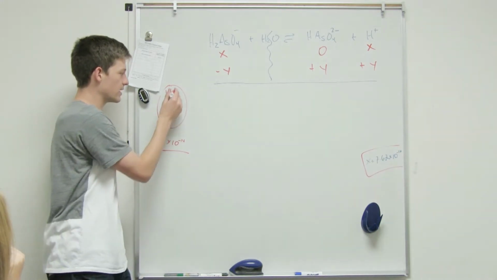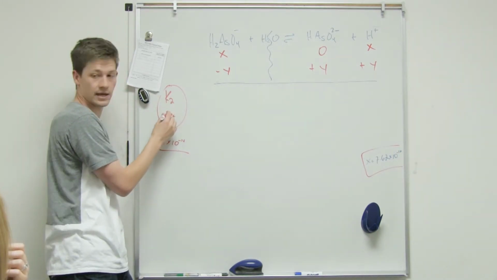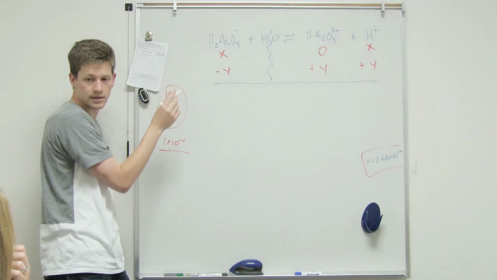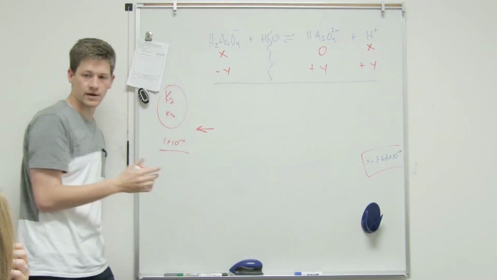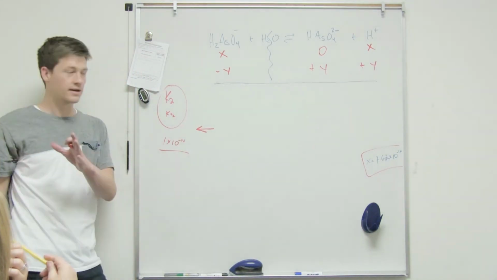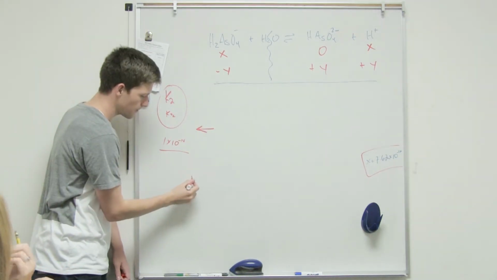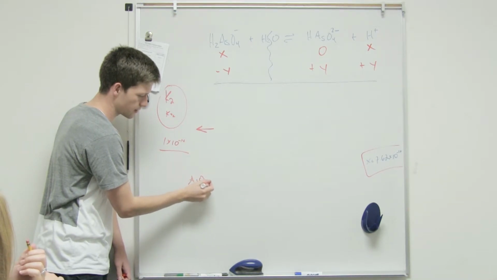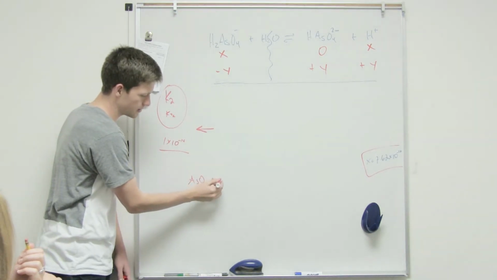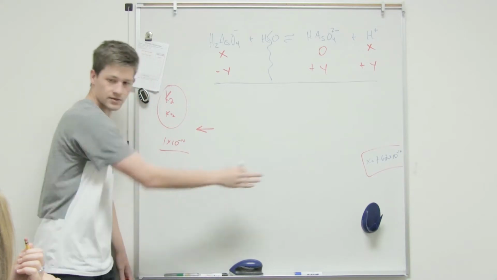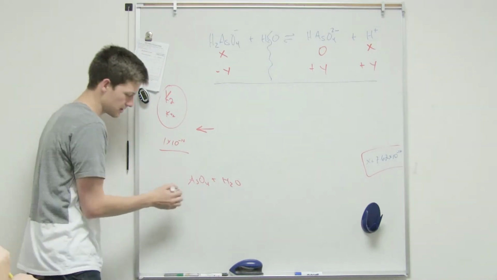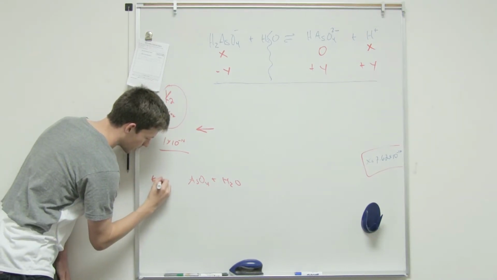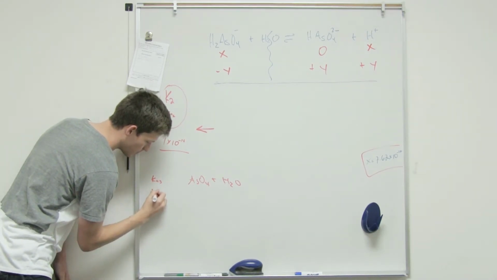But if they give you a base, like Ka to Ka1, and they want you to go from AsO4 plus water this way to the base, then you have to make this from Ka3 to Kb1.